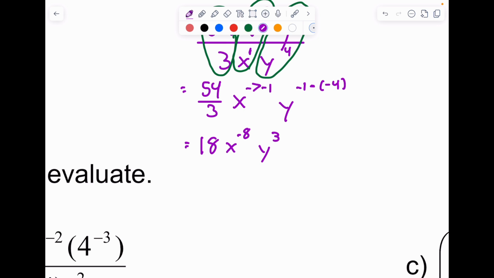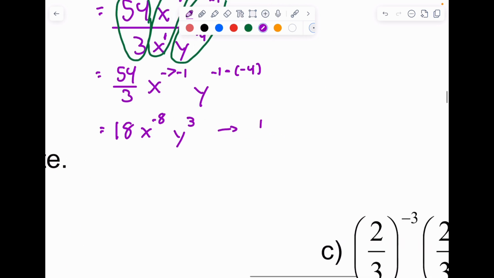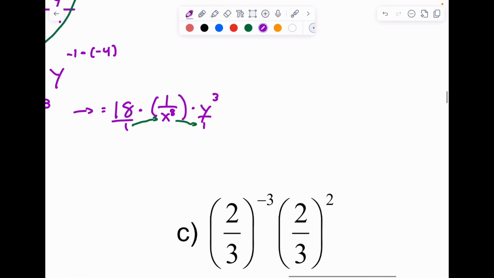So that's like me saying, technically, 18, and then times 1 over x to the 8, times y cubed. Well, that's like 18 over 1 and y over 1, so you multiply all your denominators by each other and all your numerators by each other. So you get 18 y cubed over x to the 8.